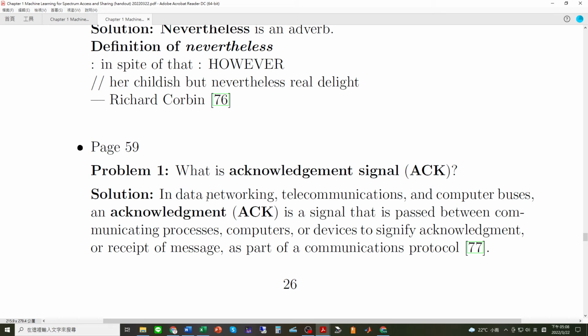Solution: in data networking, telecommunications, and computer buses, an acknowledgement, ACK, is a signal that is passed between communicating processes, computers, or devices to signify acknowledgement or receipt of message as part of a communications protocol.